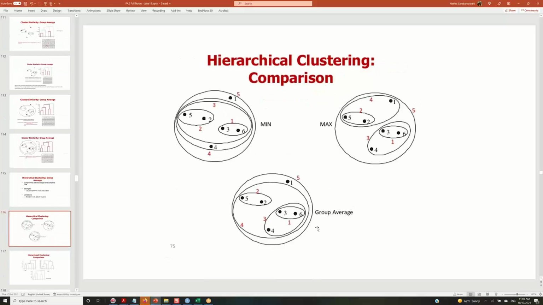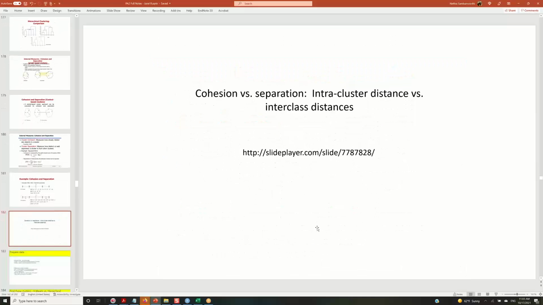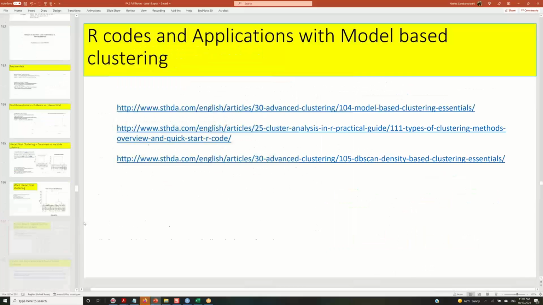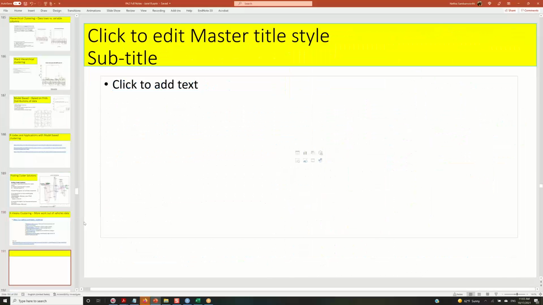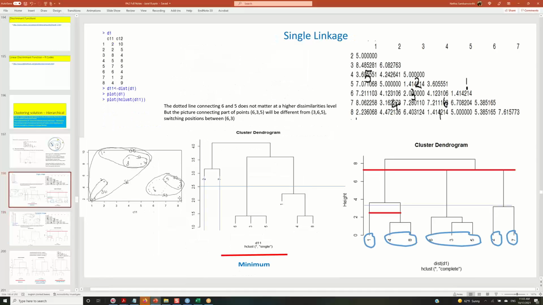Okay, so let me show you the R calculation. Okay, so here is the R calculation, right? The same data. I don't know whether you were able to recall. So these are the points. You calculate distance among these 8 points.